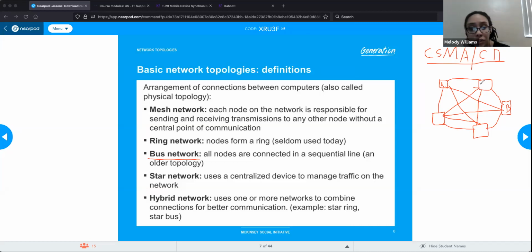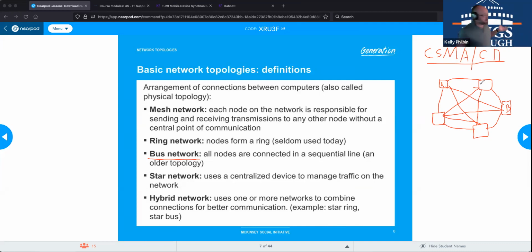It's harder to fit a new node into the network. Perfect. It is extremely difficult to reconfigure the network when you add another node, because then you have to run all those cables to all those computers again, right?